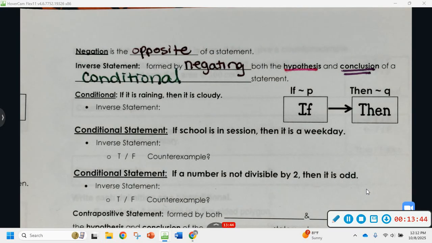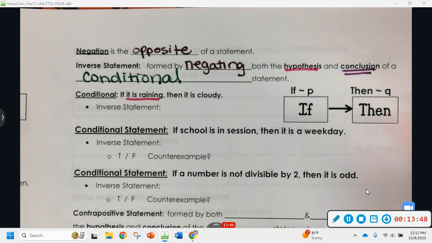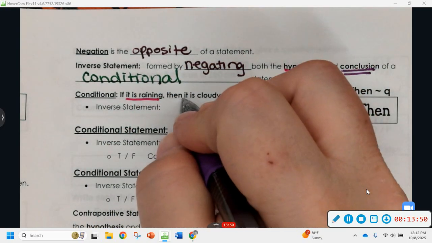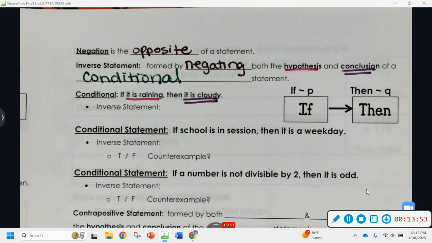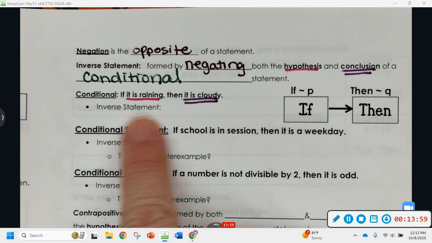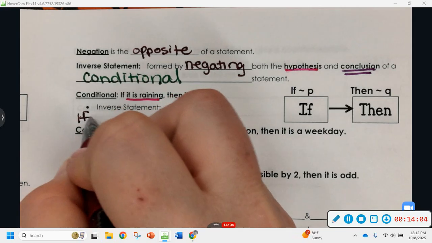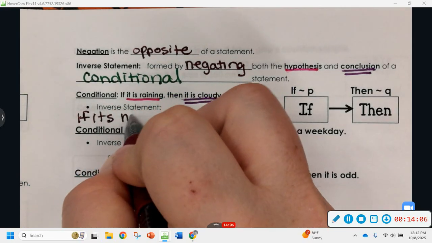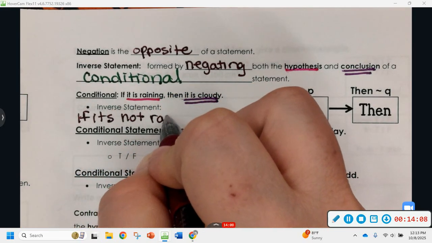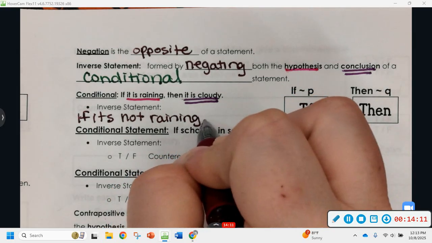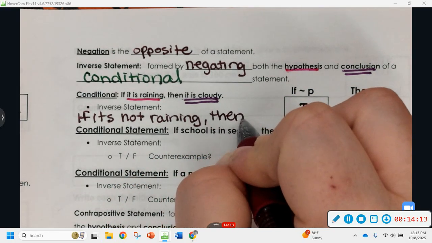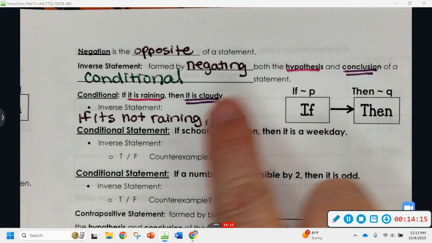So we've been using this example several times. If it's raining, then it's cloudy. The inverse negates that statement. So it stays in order. If it's raining, the opposite would be if it's not raining, then, and we're negating the conclusion.